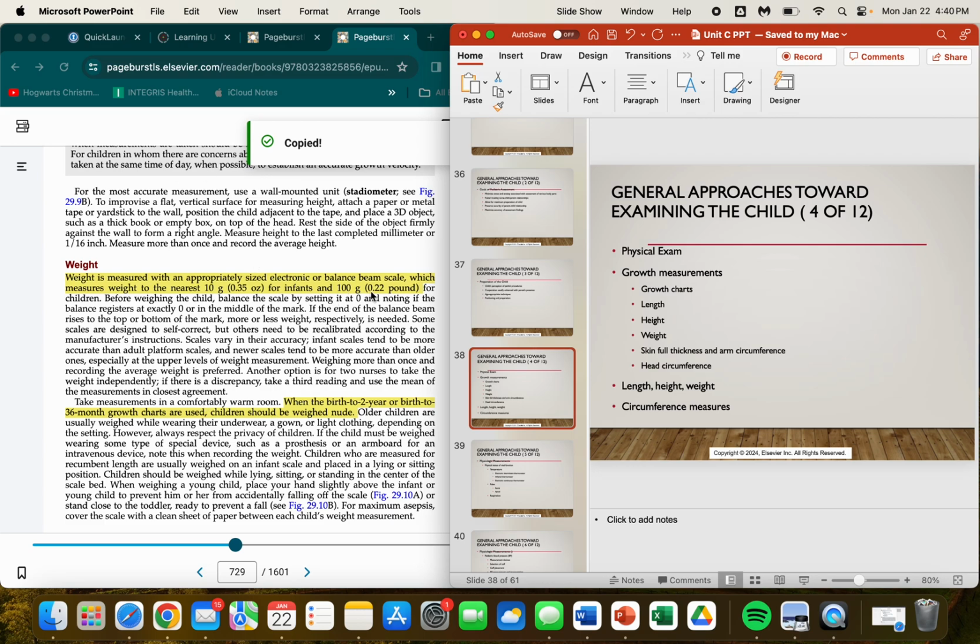A balance beam is like the old ones that you see with the little metal weight, but normally today's are usually electronic.